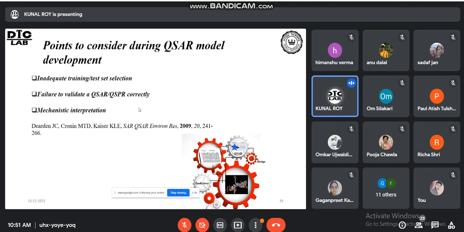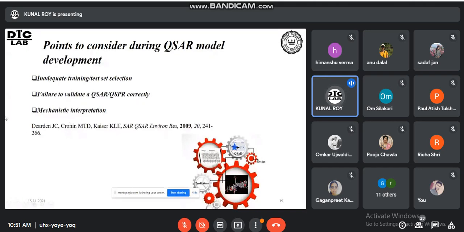We need to generate training and test sets for validation purposes. We need to have different kinds of metrics satisfied with the calculated values.